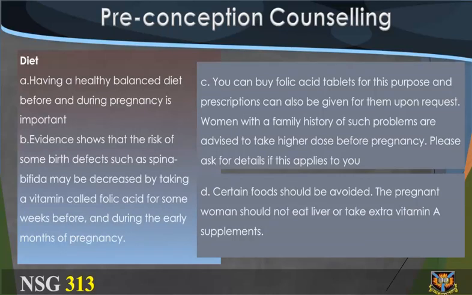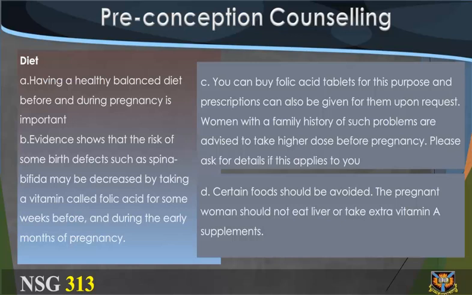Diet. A. Having a healthy balanced diet before and during pregnancy is important. B. Evidence shows that the risk of some birth defects such as spina bifida may be decreased by taking a vitamin called folic acid for some weeks before and during the early months of pregnancy.